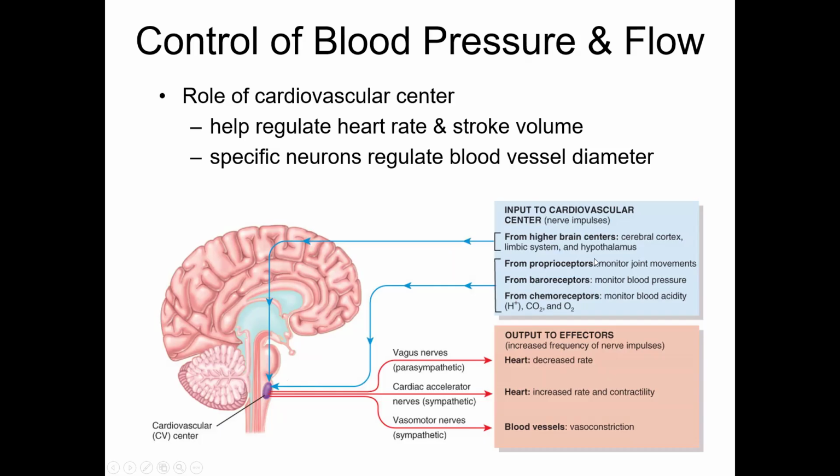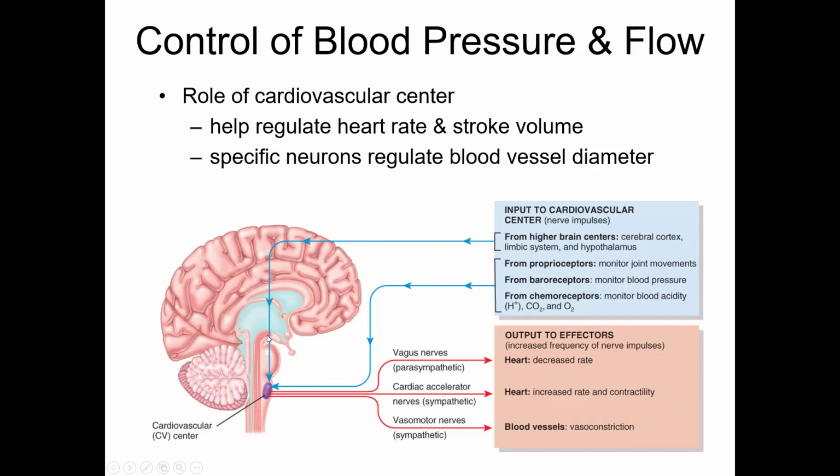If our body is moving and our brain makes the connection of this movement to exercise, proprioceptors are agitated, or our hypothalamus signals that we are in fight or flight response mode, whether because of exercise or embarrassment. Those nerve impulses will come to the cardiovascular center.